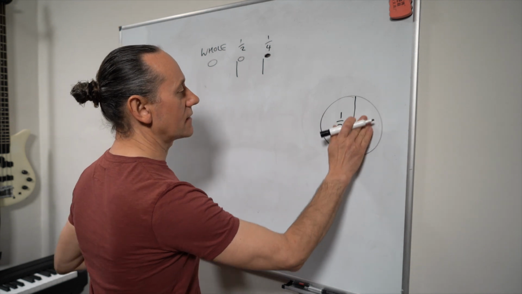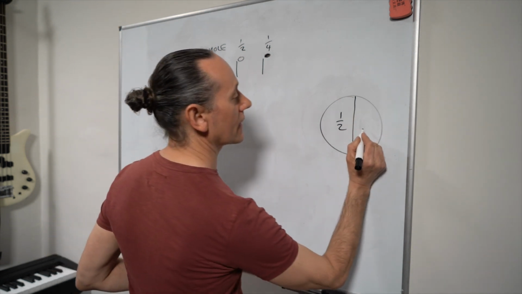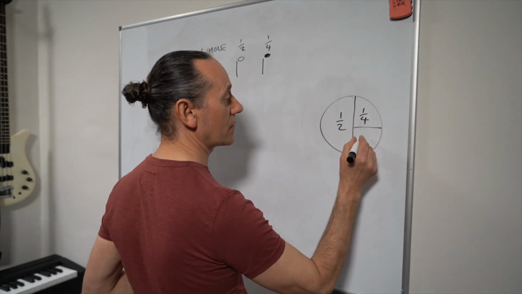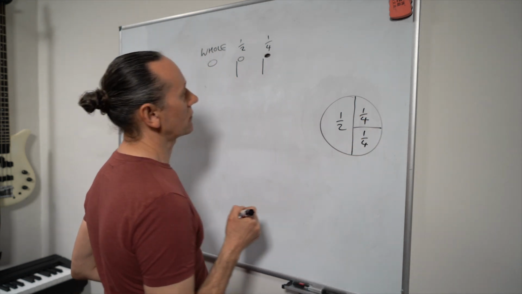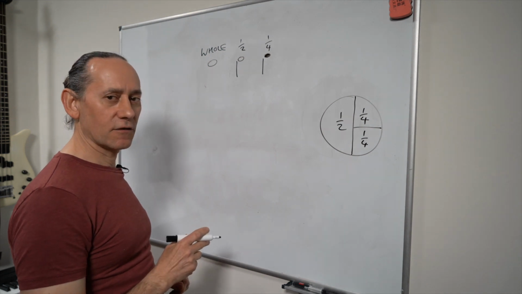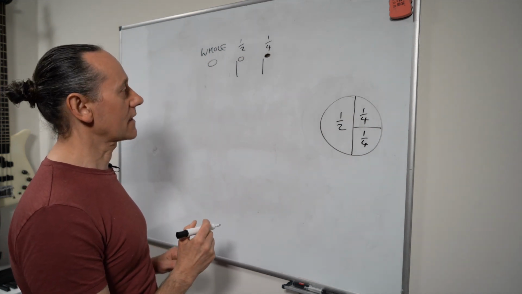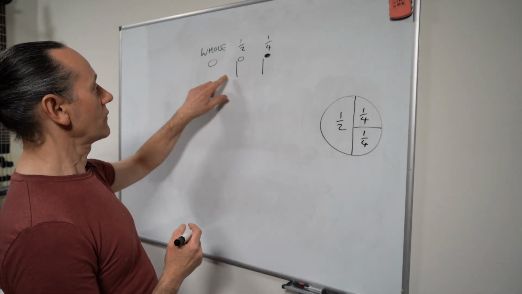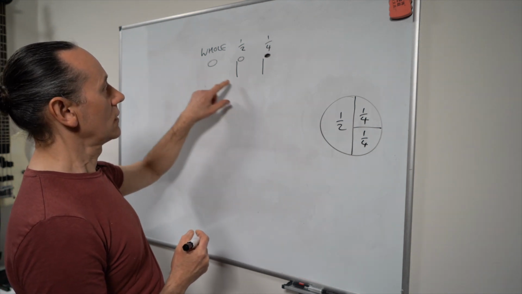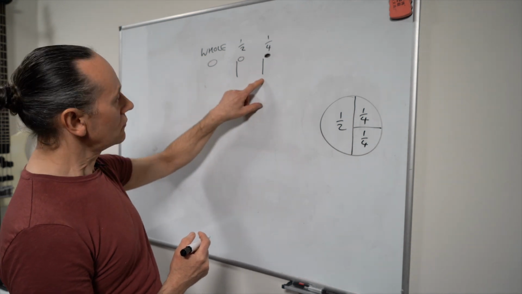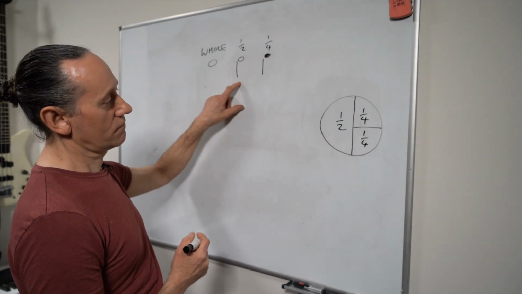The same thing if we then take one of those halves and we divide that into 2 equal parts. That half is made up of 2 quarters. And this is fundamental to how rhythm works, so it needs to be understood clearly. There are 2 halves in a whole, 4 quarters in a whole, and 2 quarters in a half.